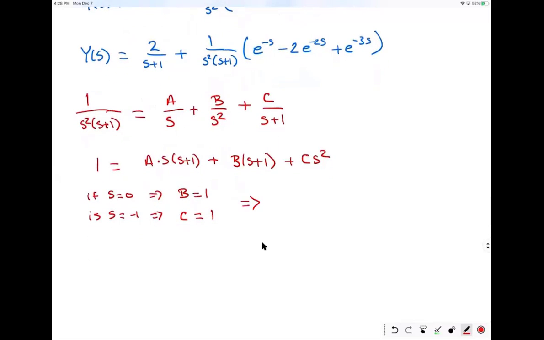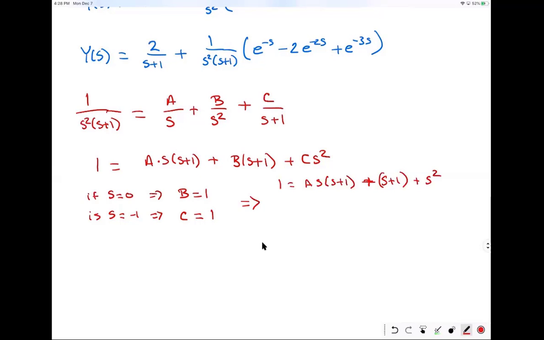Okay, so now I still have to figure out A. Let me write this. I'd have 1 equals A times (S plus 1) plus B, which is now 1, times (S plus 1), plus C, which is 1, times S squared.